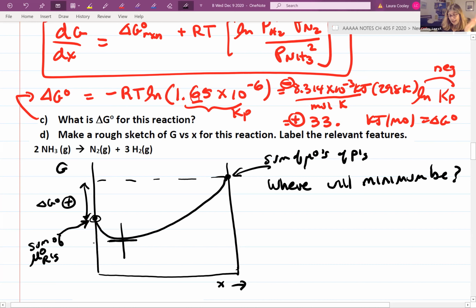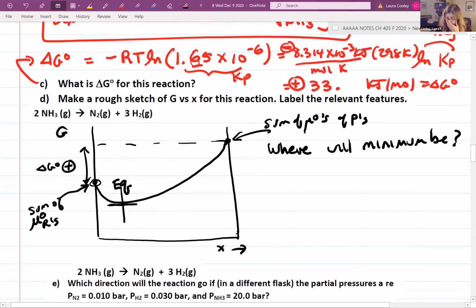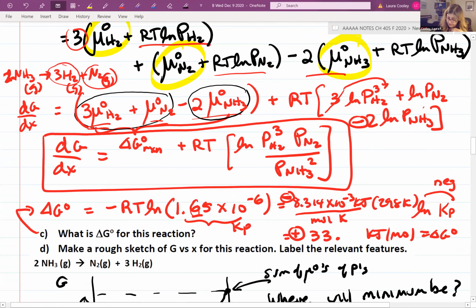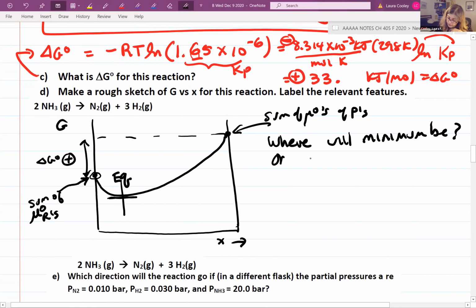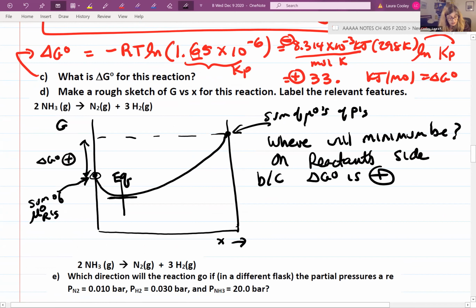If that's the reactants, then the minimum is on the left. So this is your equilibrium here. Equilibrium is on the reactant side because delta G0 is positive.